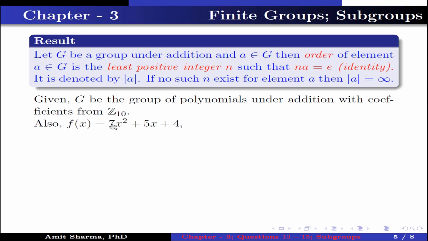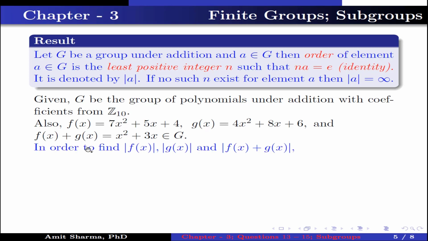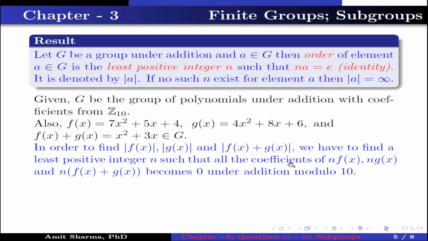Also, f(x) = 7x^2 + 5x + 4, g(x) = 4x^2 + 8x + 6, and f(x) + g(x) = x^2 + 3x belongs to G. Now, in order to find the order of f(x), g(x), and f(x) + g(x), we have to find the least positive integer n such that all the coefficients of n·f(x), n·g(x), and n·(f(x) + g(x)) become 0 under addition modulo 10.